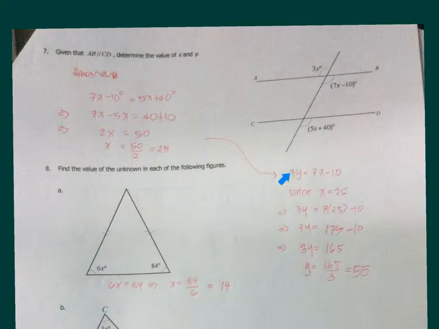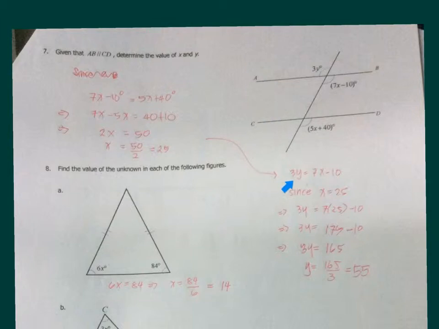Now to get the value of y, the y is related to this angle. So 3y degrees and 7x minus 10 should be equal in measure because they are opposite angles. All opposite angles have the same measure, so 3y is equal to 7x minus 10.